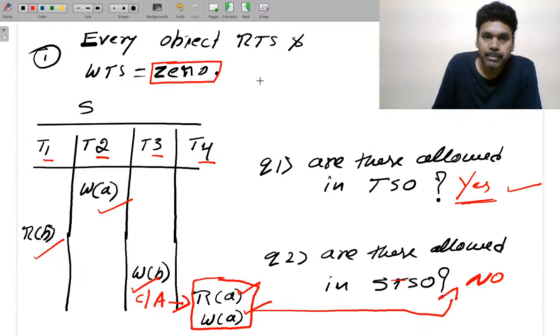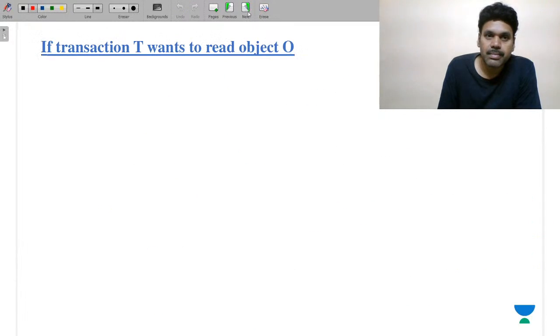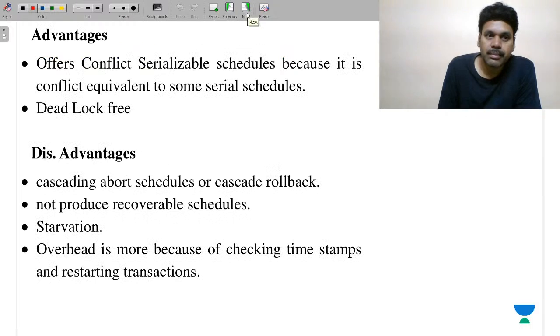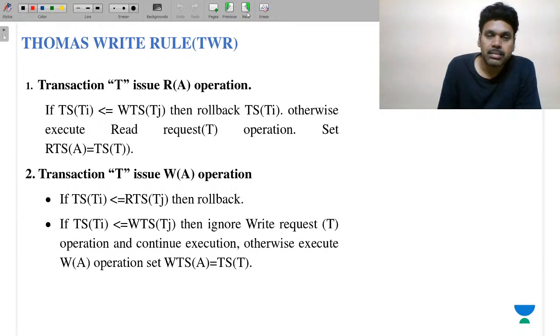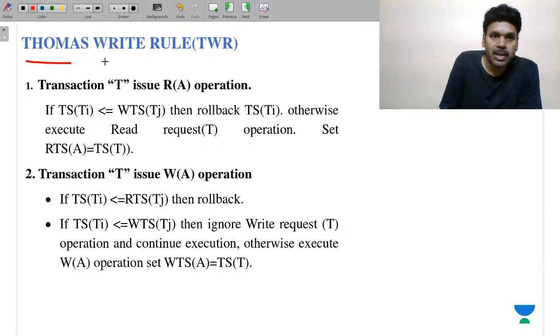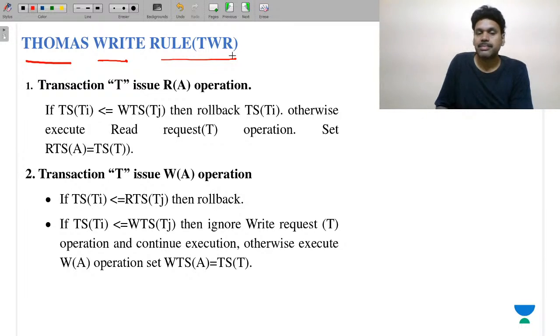Clear friends? So come to the last one, that is the Thomas Write Rule. This is very important.